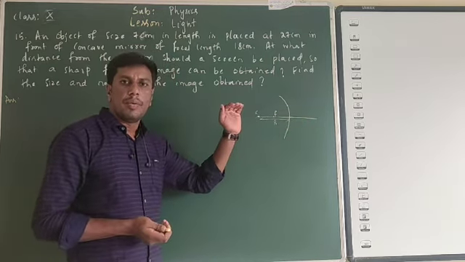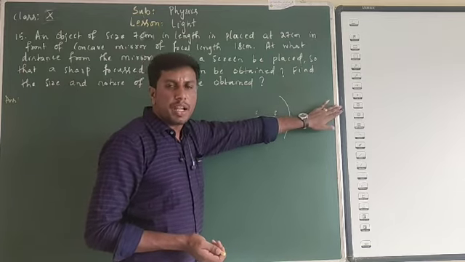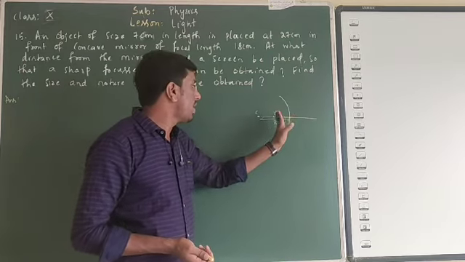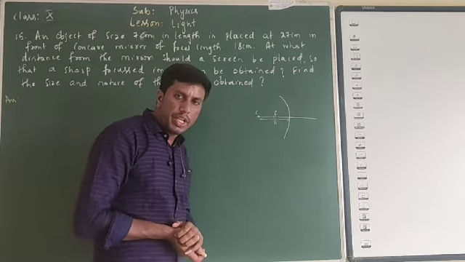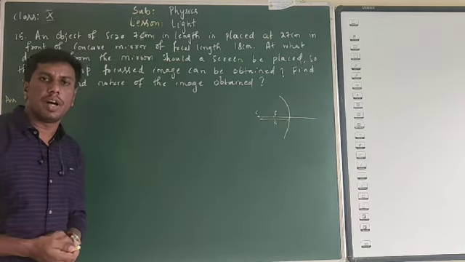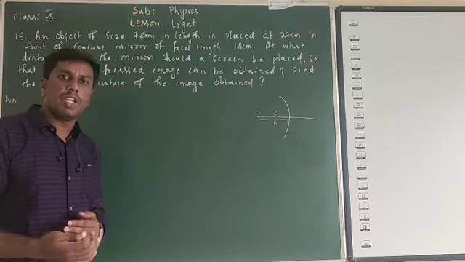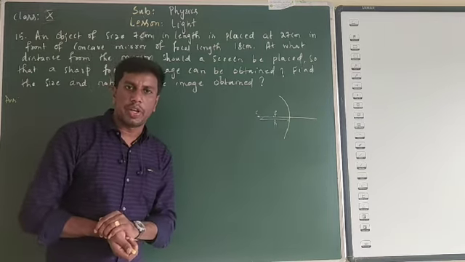If the value is positive, then it will be formed behind the mirror. If V is negative, then it will be in front of the mirror only. So by observing the sign of V, we can obtain the position of the image.